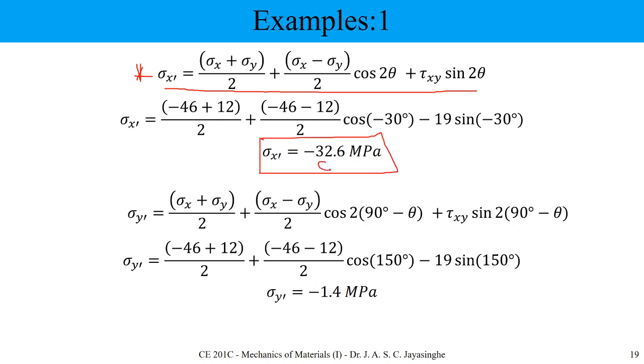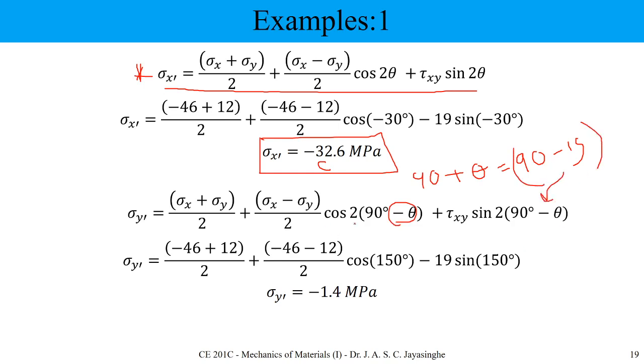That means it is compressive. For sigma y, you need to add 90, that is 90 plus theta. That means 90 plus theta equals minus 50, that's why it comes out as a minus case. Okay, minus 50.